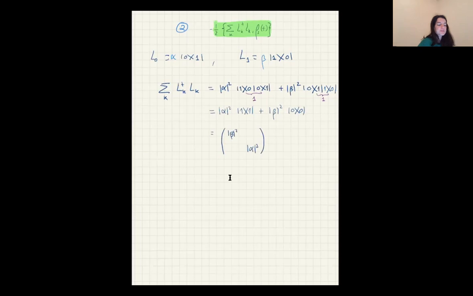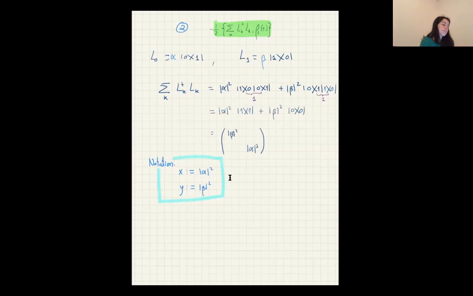And now, just for simplicity, so we don't have to write the squares all the time, let's call this alpha squared x, and beta squared is going to be y. I'll just write the notation. This is really just for simplicity.